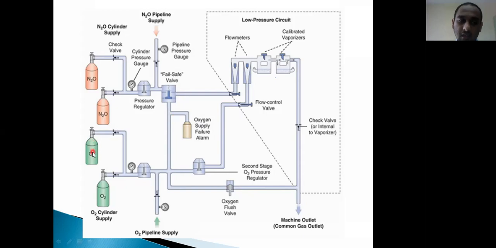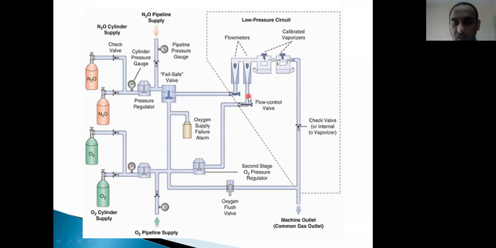Suppose oxygen gas is flowing from the cylinder under high pressure. It crosses this check valve, and the pressure gauge shows at how much pressure it is coming in. Then we go to the pressure regulator which decreases the pressure. We enter the intermediate pressure system, and from here we go to the second stage pressure regulator, which then goes to the oxygen flow meter, the flow control valve.